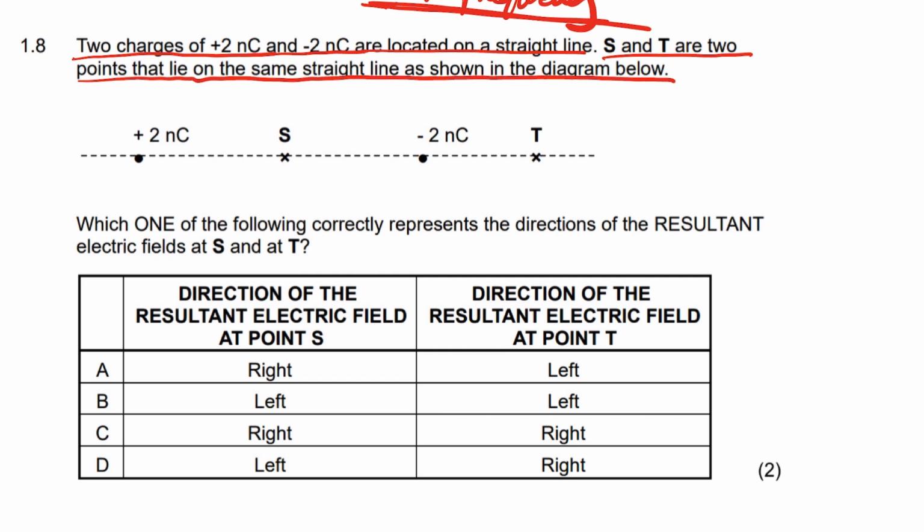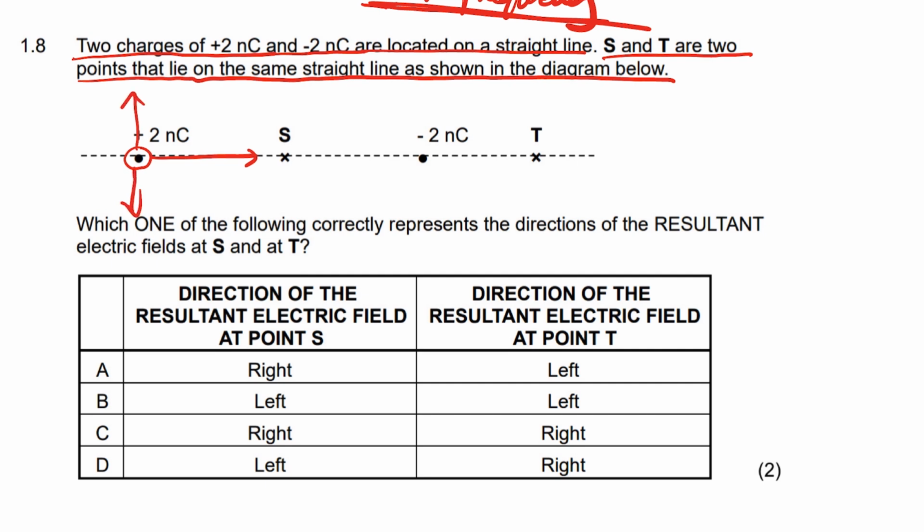Now, what are we going to do here? We're going to look at the net or resultant electric field experienced by S due to this charge and this charge, which means the net electric field experienced by S that comes from these two charges, right? One thing you need to note: this one is positively charged. When it's positively charged, the electric field lines will move away.